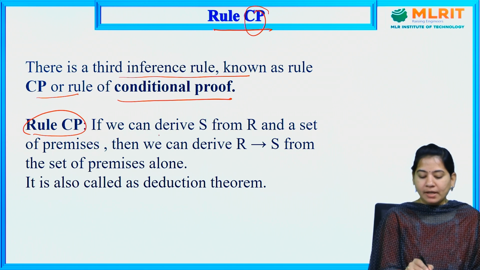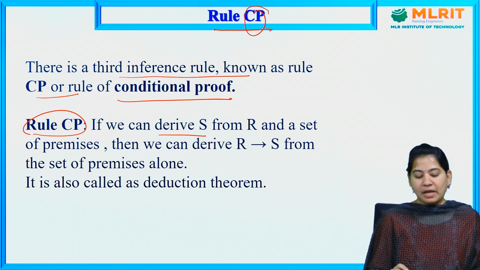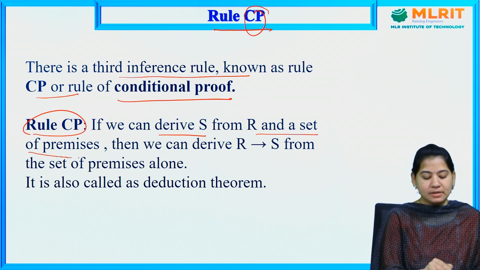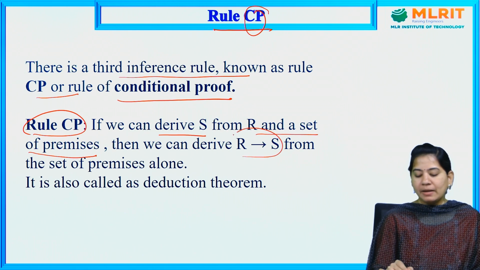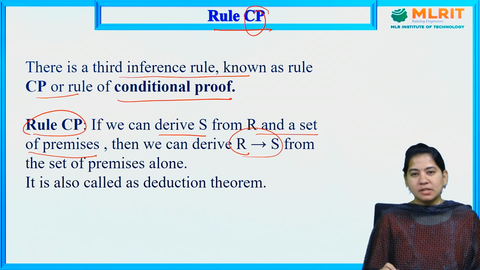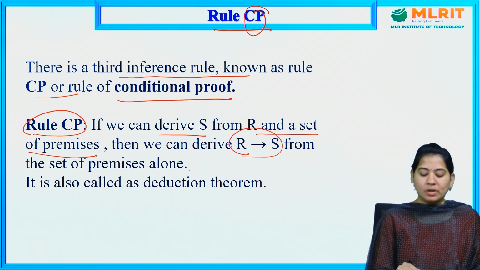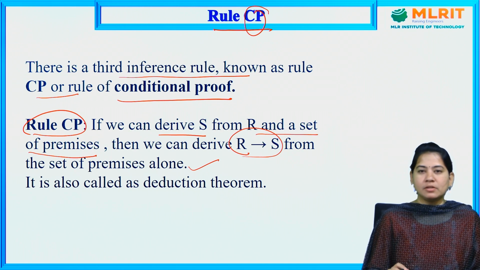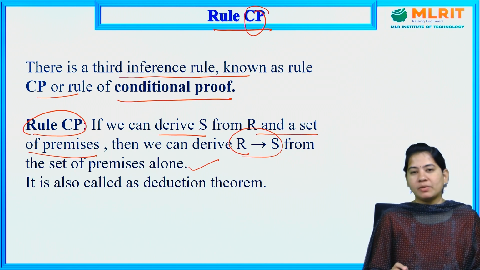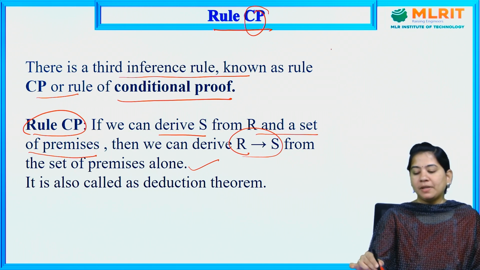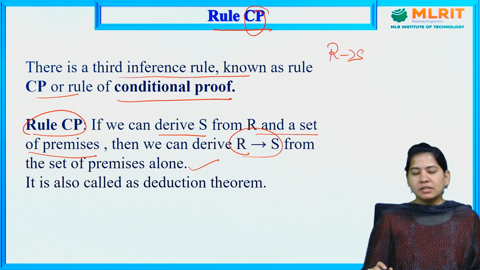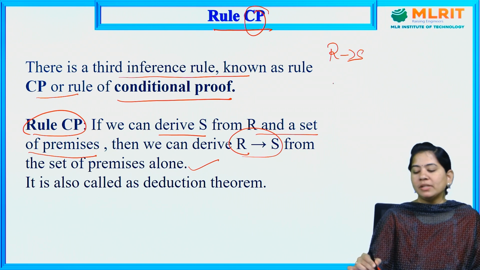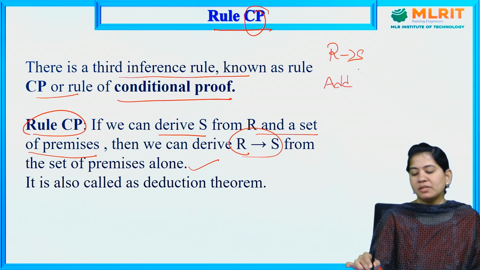If we can derive S from R and a set of premises, then we can derive R implies S from the set of premises alone. So here, what is the meaning of these words? Suppose we have R implies S as the conclusion given in the question, and they have also given some other premises.